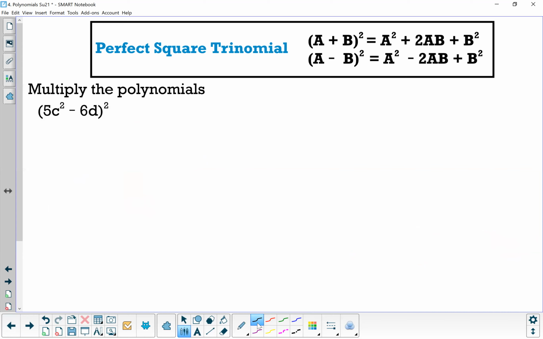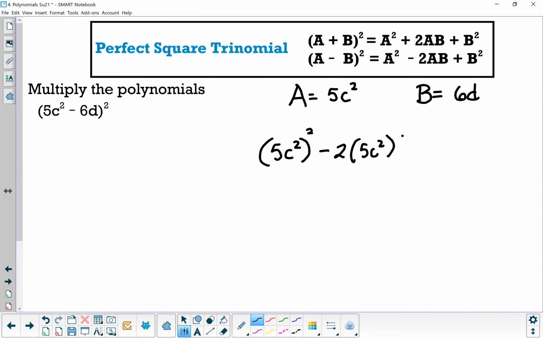And looking at the second formula, we have a difference of A and B. So capital A represents 5c squared, and capital B represents 6d. So the formula says to square A, so parentheses 5c squared, minus 2 times capital A, which is 5c squared, times B, which is 6d, plus, and then square B. So that's 6d, close parentheses, squared.